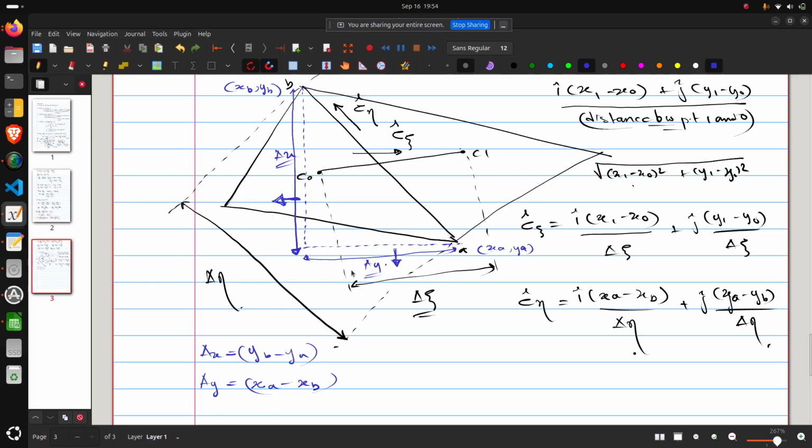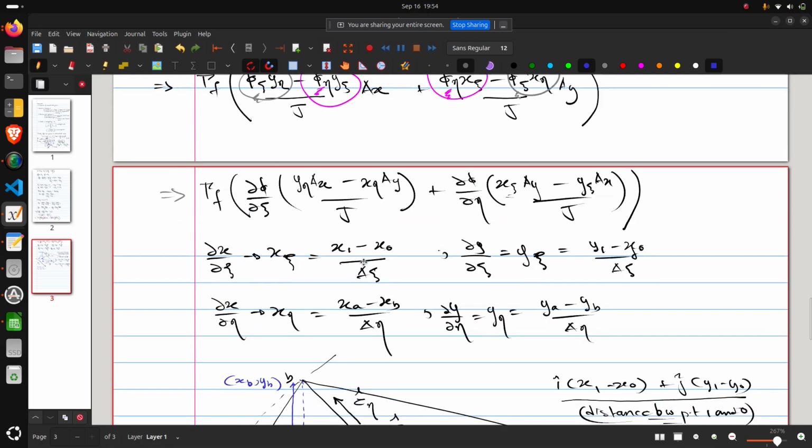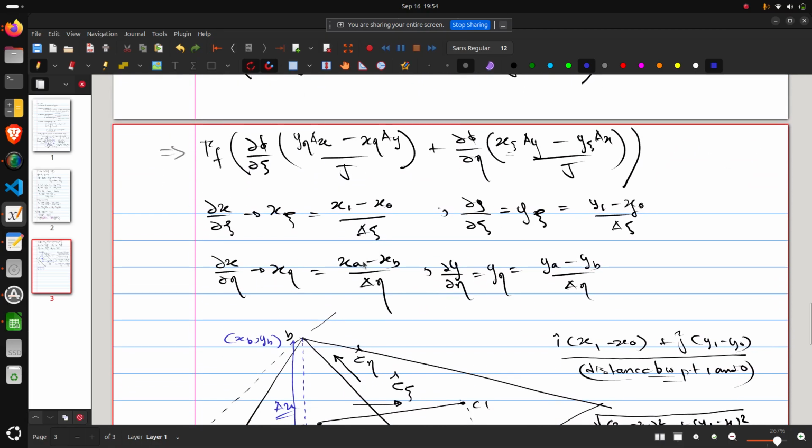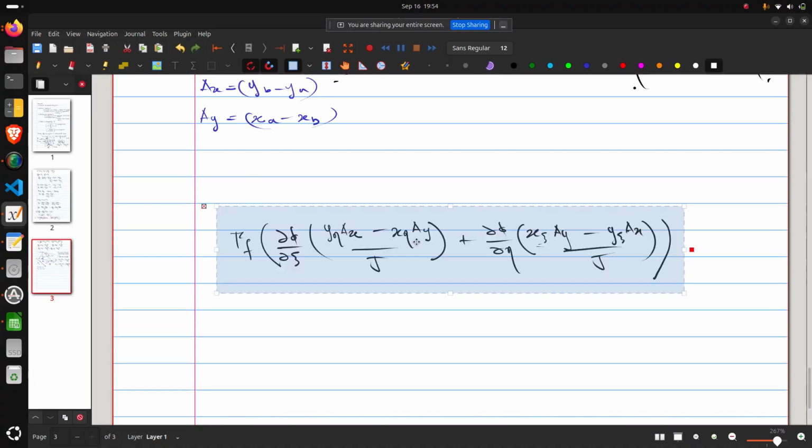So now that we have everything that we need, let's take the original equation that we had derived and substitute all the values, and let's see what do we have.